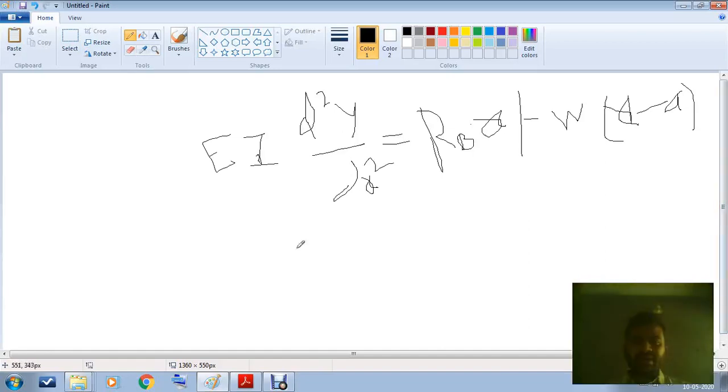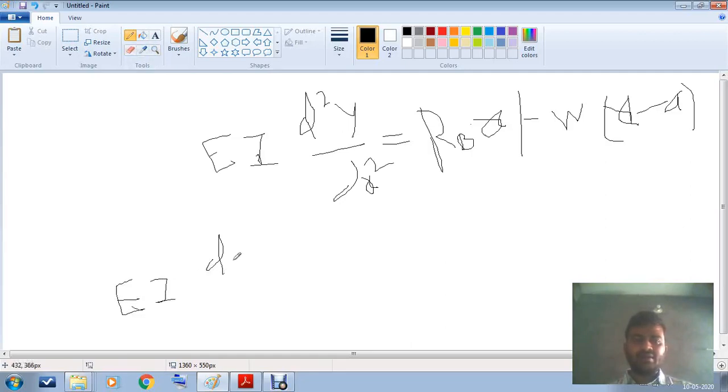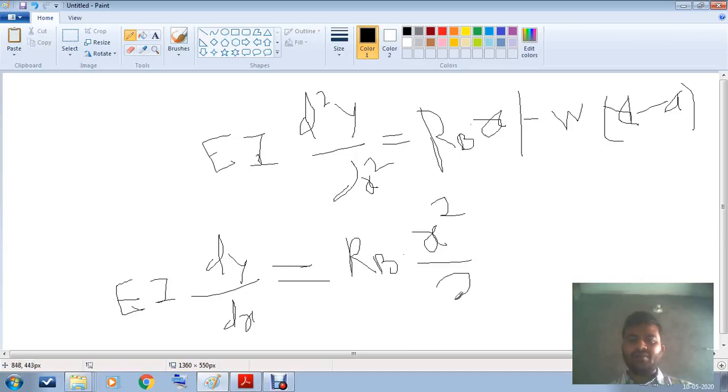If I integrate it, the square term will go and the equation will be EI dy by dx is equal to RB into x square divided by 2, minus W into (x minus a) whole square divided by 2, plus C1.